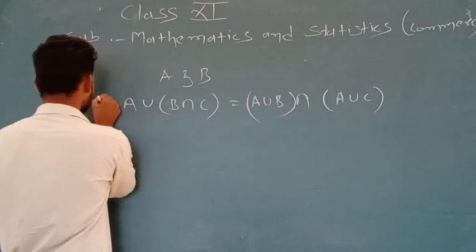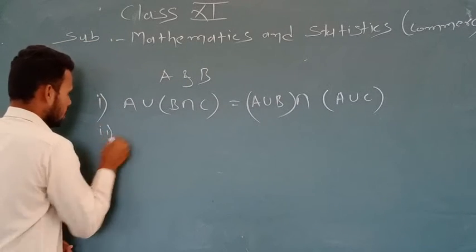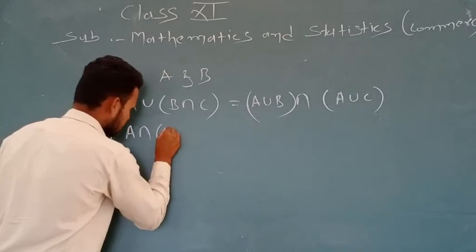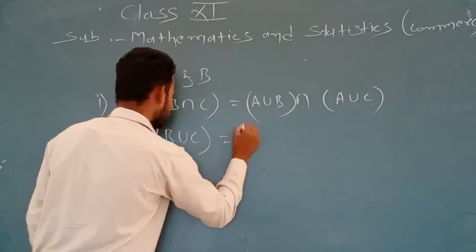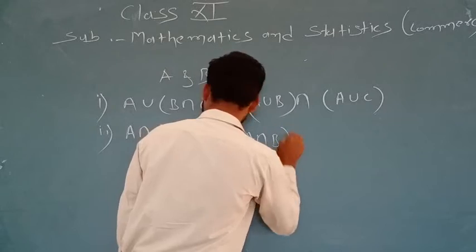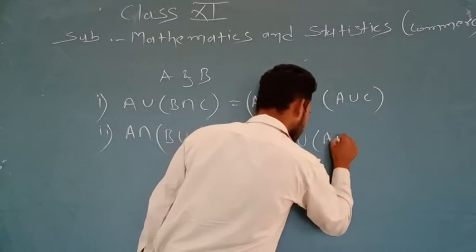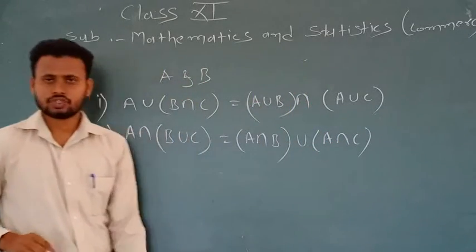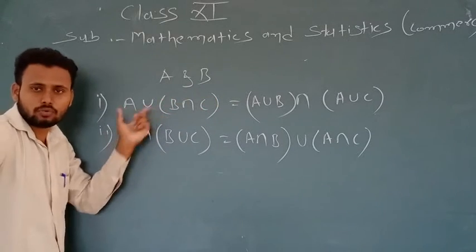And the second one: A intersection (B union C) equals (A intersection B) union (A intersection C). That is called the distributive property.